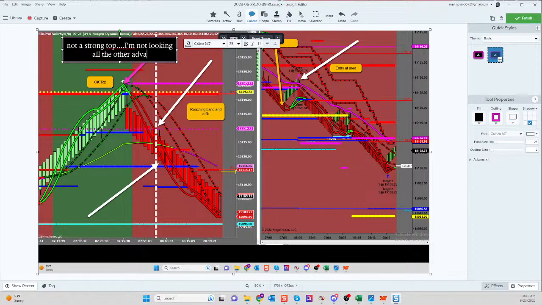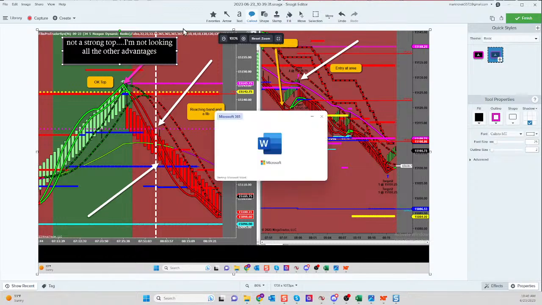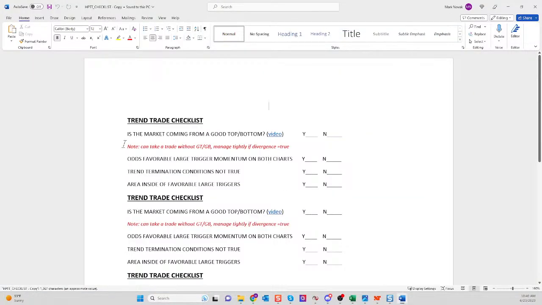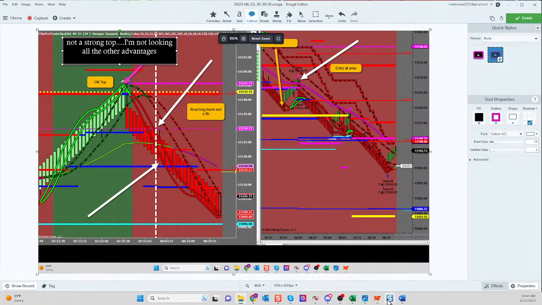And I'm not saying that this is what you're doing, but this is what a lot of people do, is they take one message and they try to spread it out over their entire trading plan. Just because it's not a good top, just because the triggers went through a little bit, guys, this is still a beautiful trade. So much so that if you look at the checklist, it even says you can take this trade without a good top or bottom, because these advantages, this recipe, right?